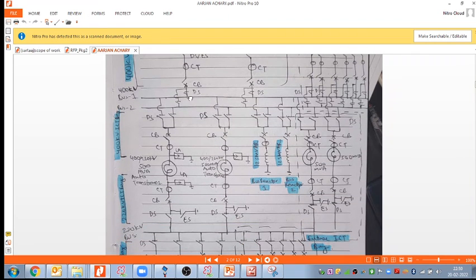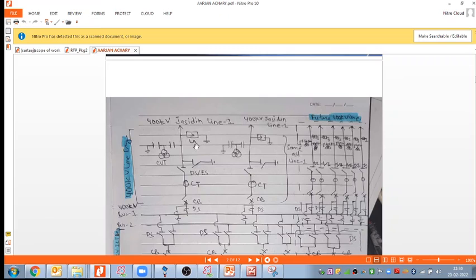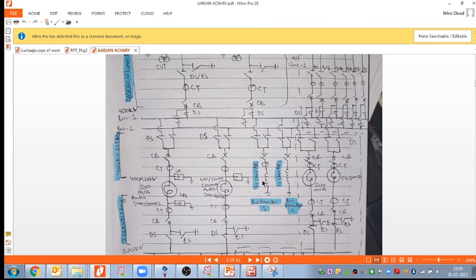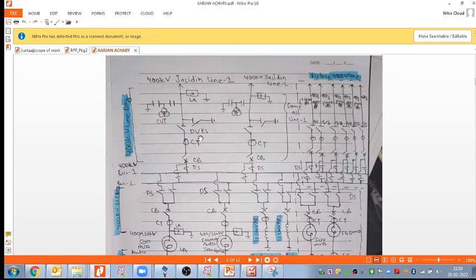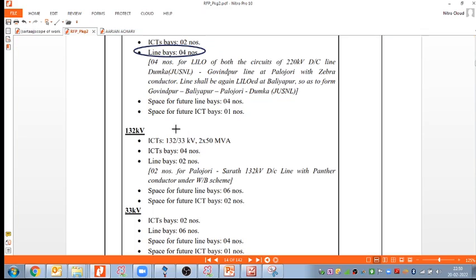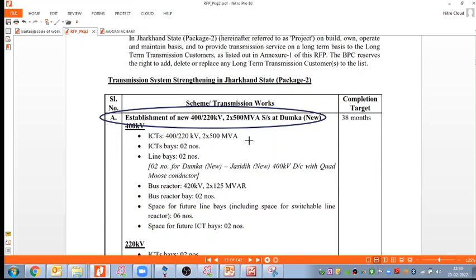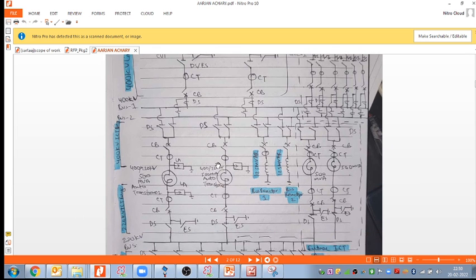What is this? You have taken option number B. Acharya, are you there? You have put all the symbols here, but we will discuss that later on. For number two, you have taken A, right? There were two reactors, sir, so I put two buses there.